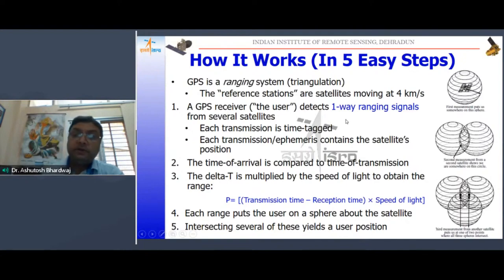Since this technology developed as part of the Cold War era, the signals are designed from the basic definition itself as one-way ranging. That means the device will only receive the signal; it will not send back any signal. So if you have a GPS, nobody can track you, because the receiver does not send back your information to anybody.